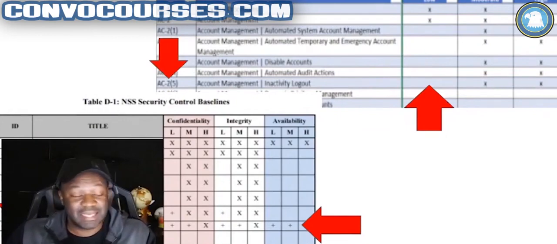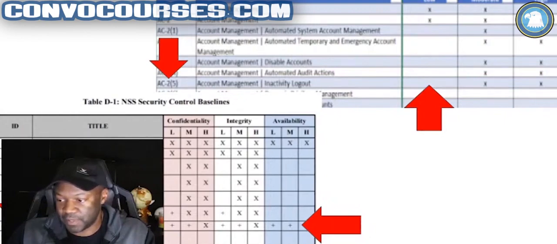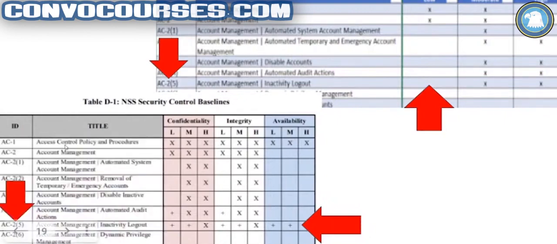Now, if we go to the NSS system, National Security System, and it's pointing to the same control. Let me move my face here so you can see it. The same control, AC-2(5), which is inactivity logout, you have to do it. See that little plus? All of this is in the 1253.